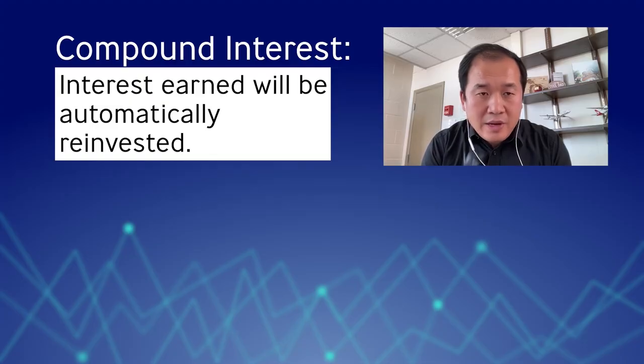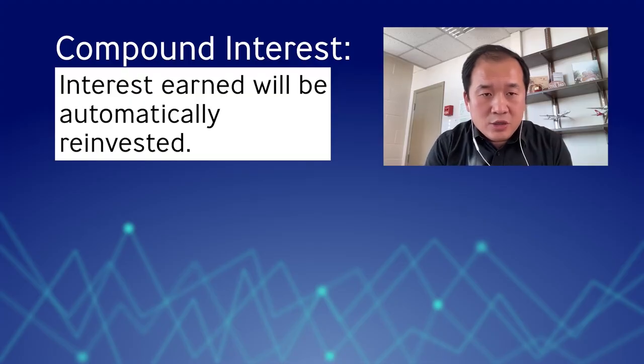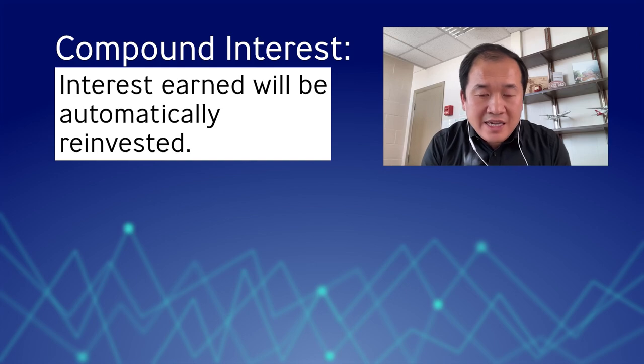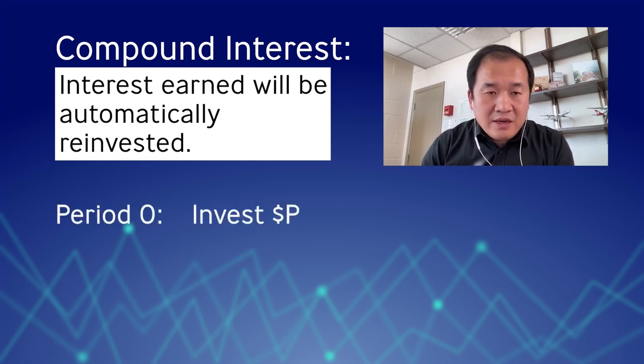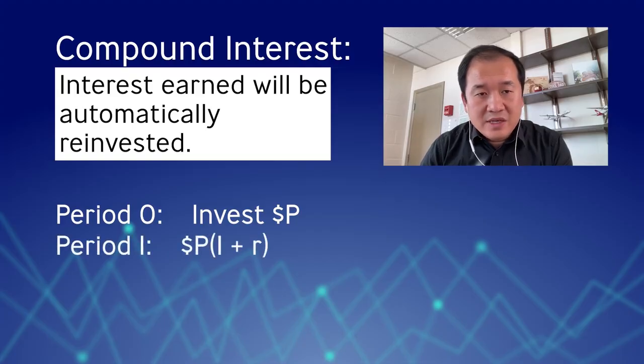Rather than setting aside your interest, you put the interest along with the initial principal, and you reinvest the total amount in the following year. Let's still use the case of investing $1,000 and each year receiving 10% return. By the end of the first period, what you will have is $1,000 times (1 plus 0.1). So you will have $1,100 in total.